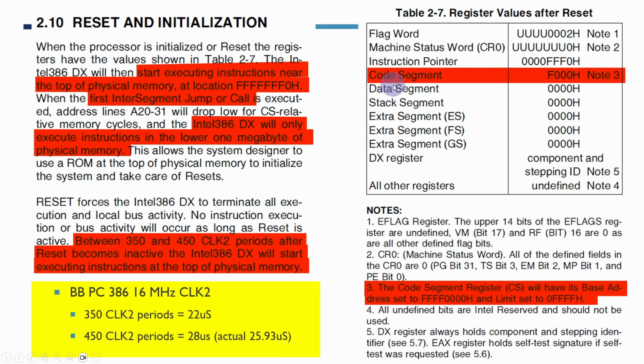And then over here, this is the bit that gives us the information about why we're getting this general protection fault. After a reset, the code segment is set at F000, but it says down here with note 3 that a limit is set to FFFF. Now that limit is part of the 386 protection mechanisms to make sure that if programs go beyond the end of the segment, it isn't going to cause problems.